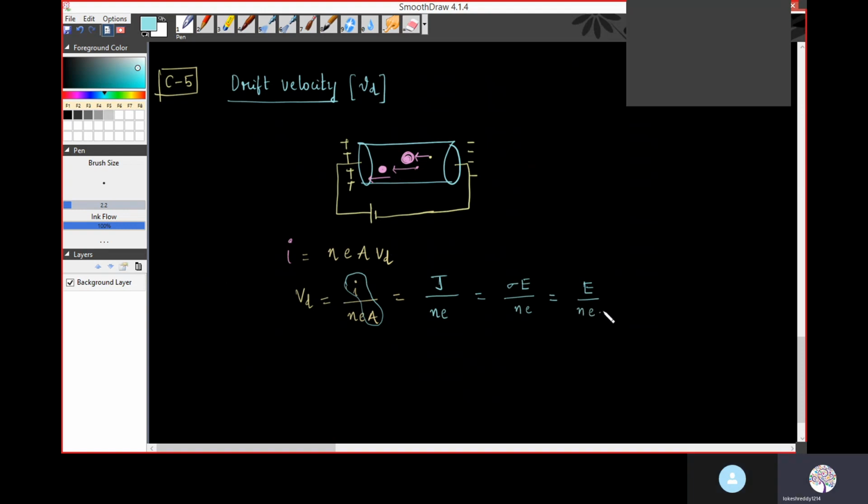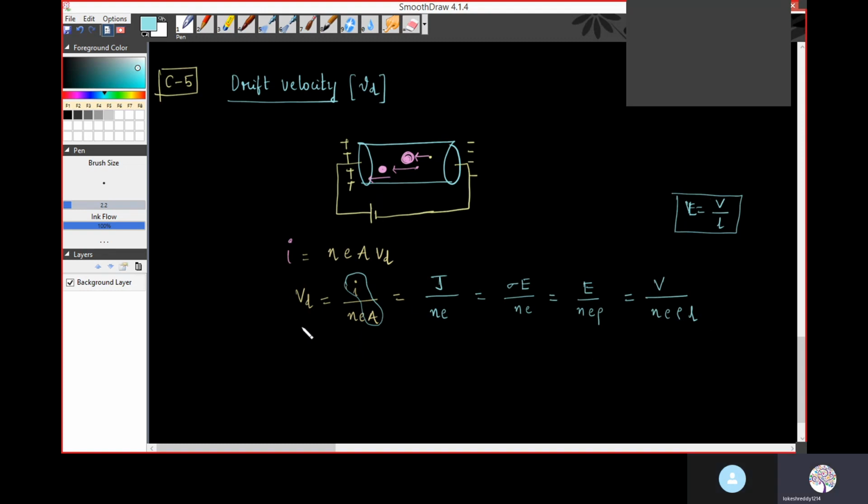Then E is equal to V by L, so it becomes V by rho ne L. This many formulas we can write.